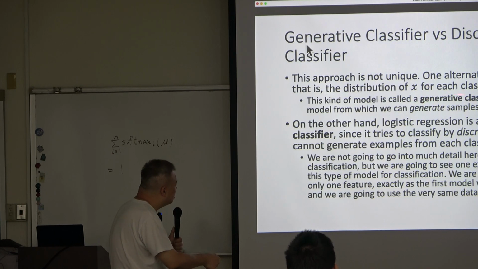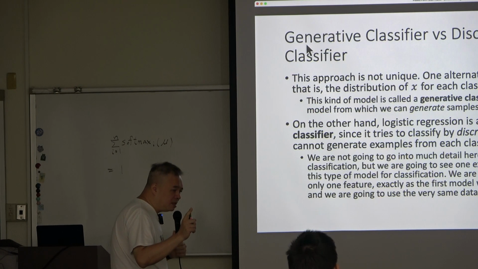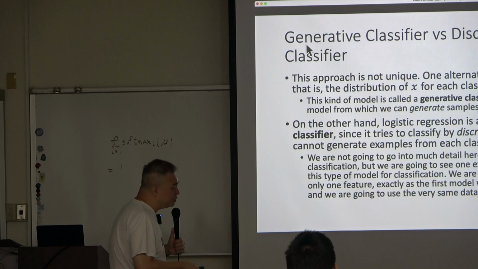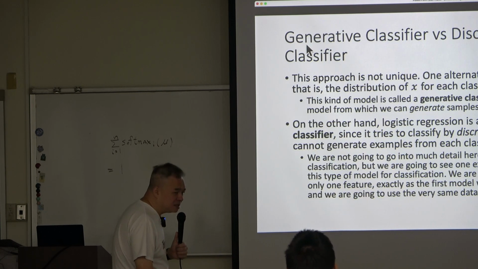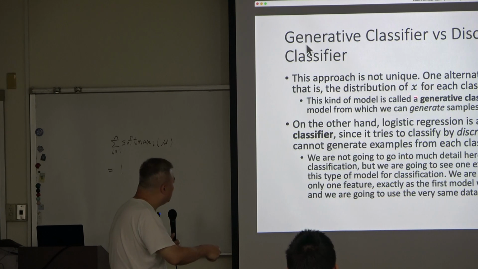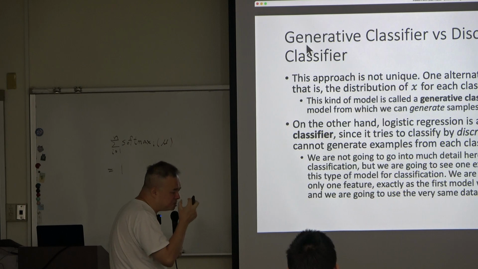With a generative classifier, we can generate samples from each class. The previous approach, the regression-based model, is not able to generate samples for each class, but this generative classifier is able to do that. So this is one big advantage over regression models, such as logistic regression or softmax regression.